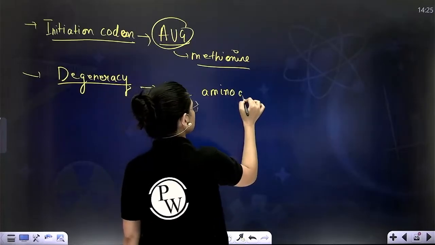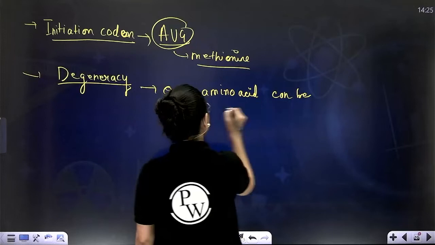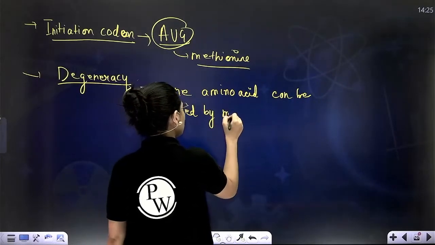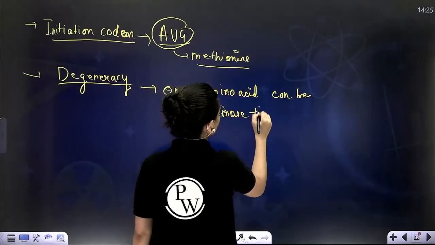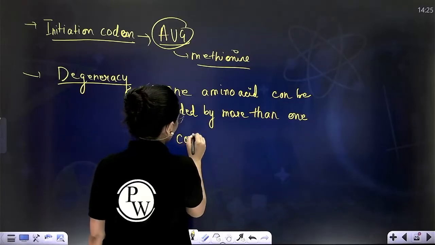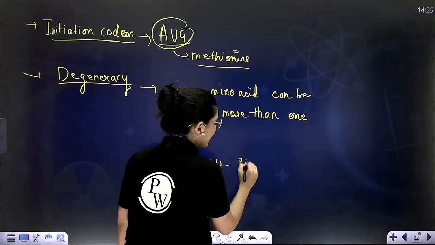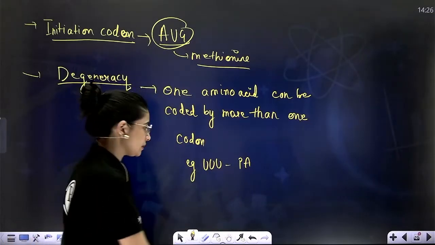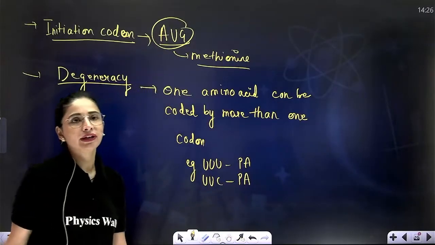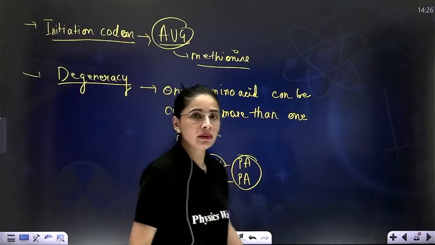Like for example, triple U codes for phenylalanine, right? UUC also codes for phenylalanine. So there are two different codons but coding for the same phenylalanine.